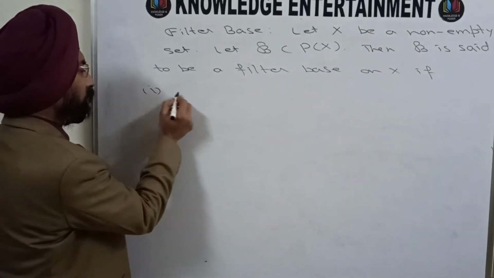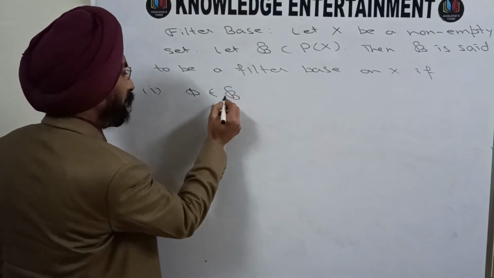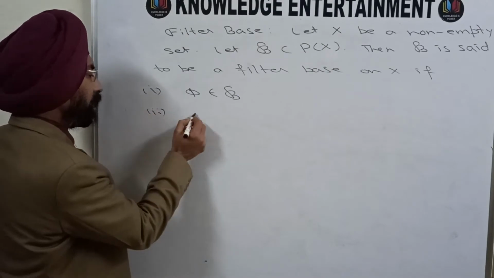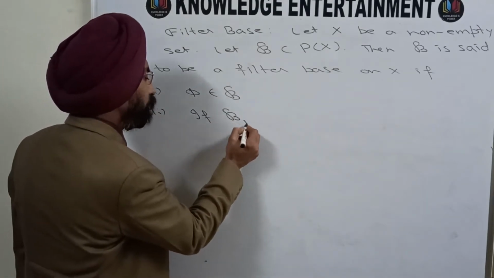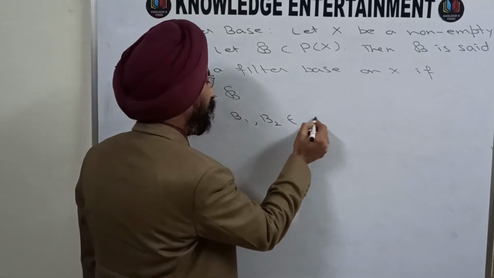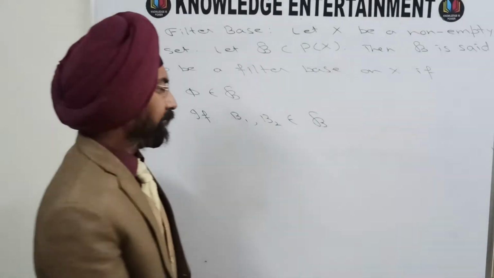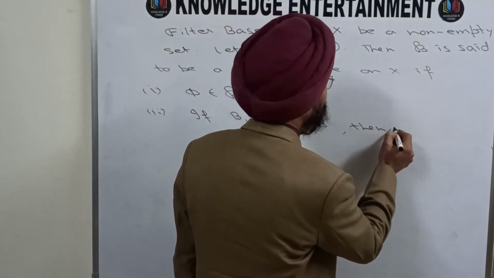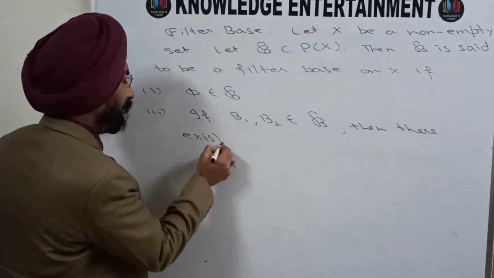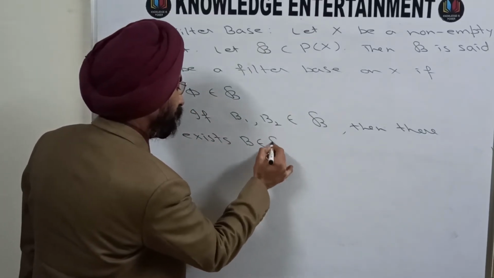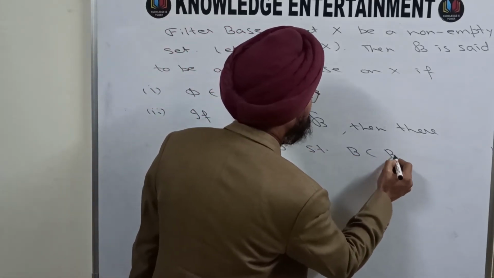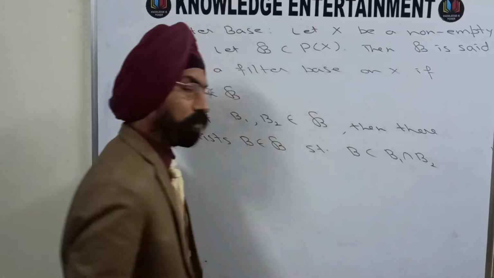Number one, phi should not be in B. Secondly, if B1 and B2 are two members of B, then there exists another member B in the family such that B is contained in B1 intersection B2.